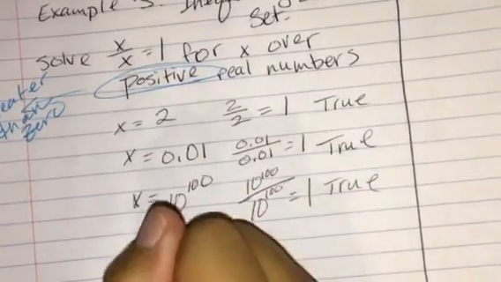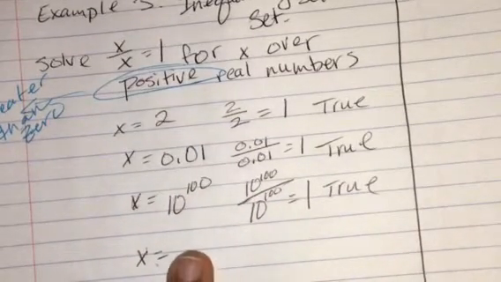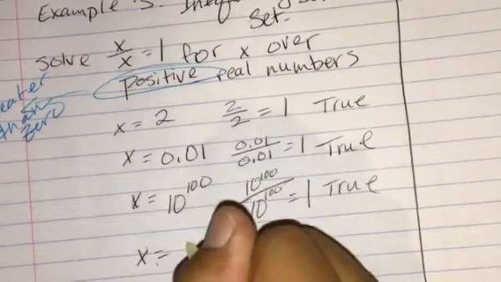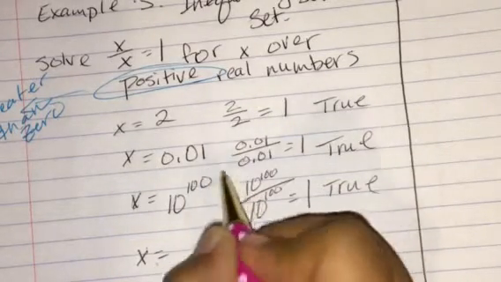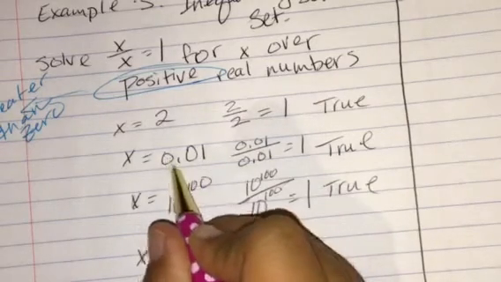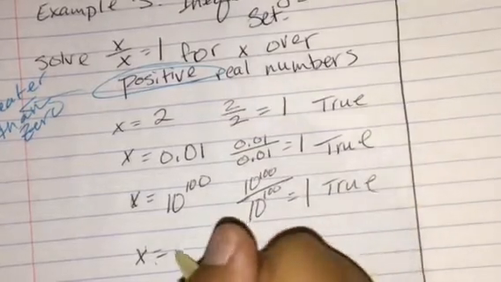I know, how about this? Let's try an even smaller number than 0.01. It's not a positive number.